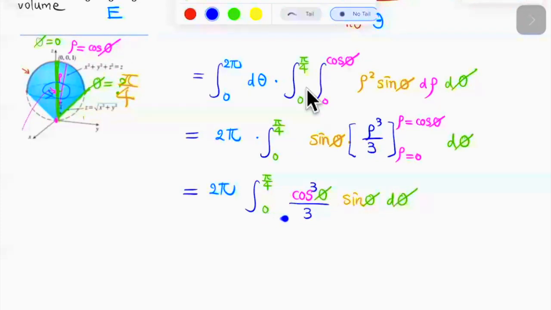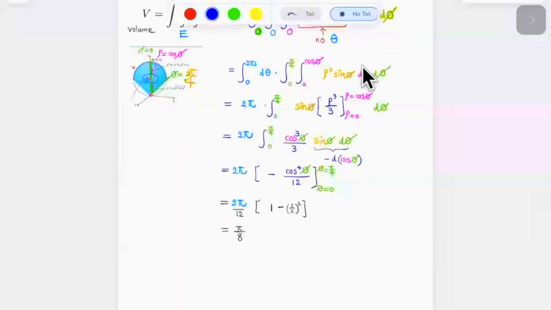Now we need to integrate this with respect to phi. We can use u-substitution. We can let u equal cosine of phi. So sin phi d phi is negative du. So the antiderivative of this with respect to phi is negative cosine to the 4th power of phi divided by 4 and then divided by 3, which is the same as divided by 12.